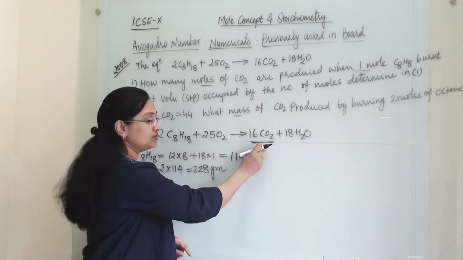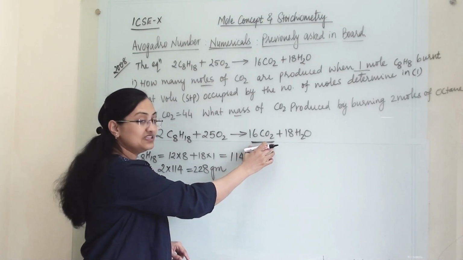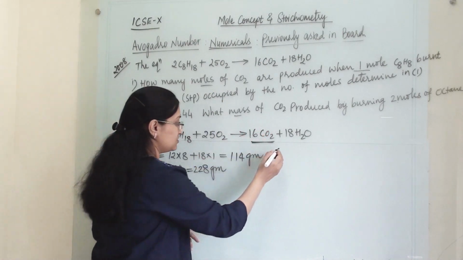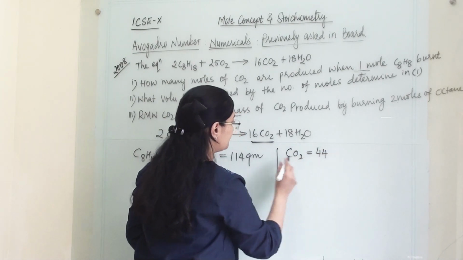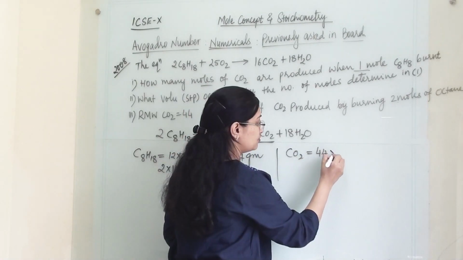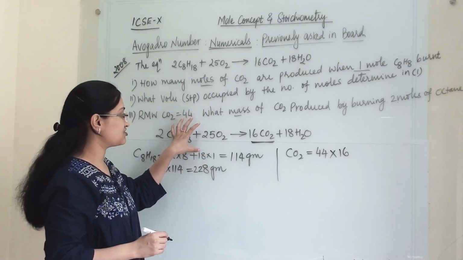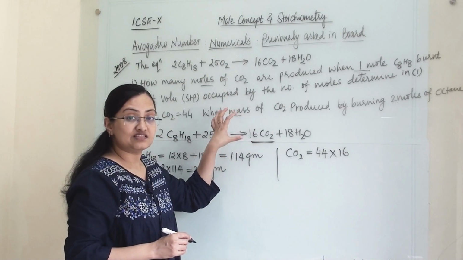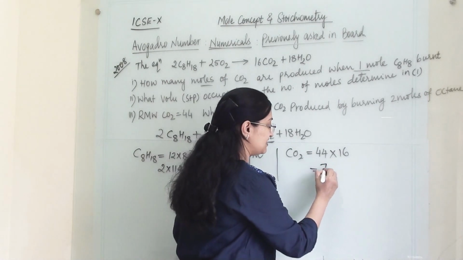Now what is the molecular weight of carbon dioxide? It is 44. And how much are we generating with 2 volumes of octane? Carbon dioxide is 44 and here 16. So we are multiplying that with 16 because in this reaction when 2 volumes of octane are burnt, we get 16 volumes of carbon dioxide. So the answer is 704.